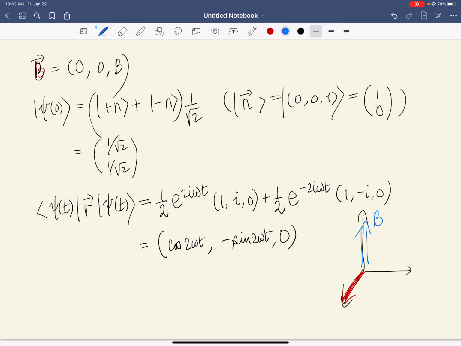And now what happens is that this spin is rotating within the xy plane. So this is the x-axis, this is the y-axis, and the sense of rotation is from the x-axis toward the minus y-axis, so it will be rotating like this.